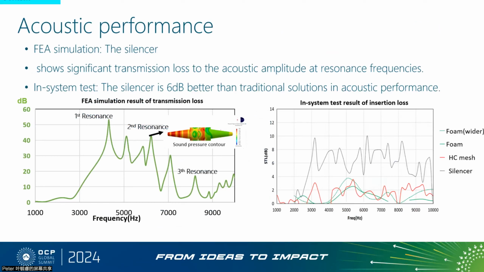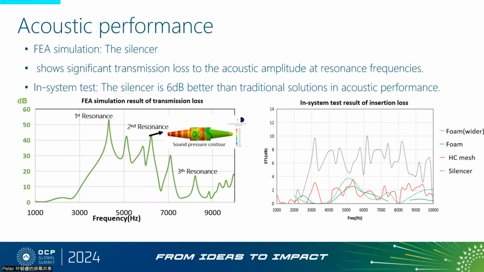Let's proceed with an analysis of the tubular acoustical silencer's performance. Begin with the finite element analysis simulation results presented in the figure at the lower left. The horizontal axis indicates frequency, while the vertical axis represents transmission loss.